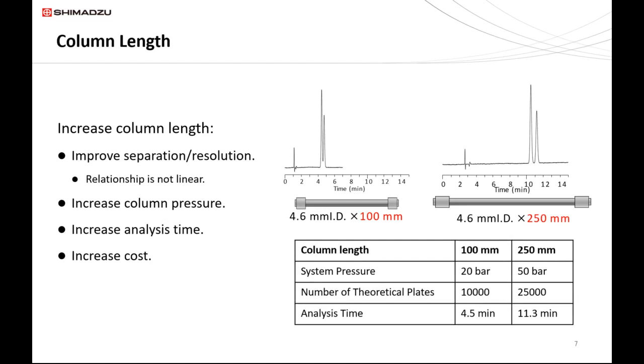The column pressure will be higher for a longer column, and if you notice, the analysis time would also increase, which will also increase your operation cost. On top of that, longer columns are also much more costly. So if your peaks are well resolved and there is no need for additional resolution, you should avoid using a longer column.